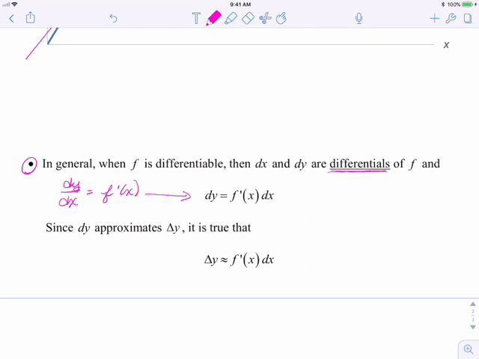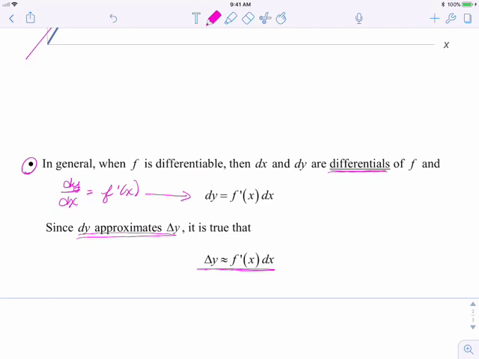But if we treat dy/dx and f prime of x as independent entities and multiply on both sides by dx, we get dy equals f prime of x dx. And since dy approximates delta y, delta y is approximately equal to f prime of x multiplied by dx.